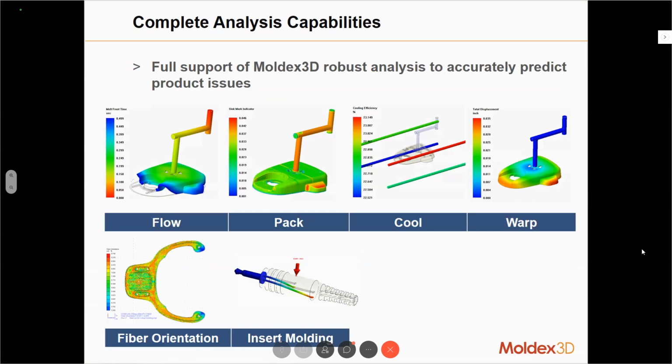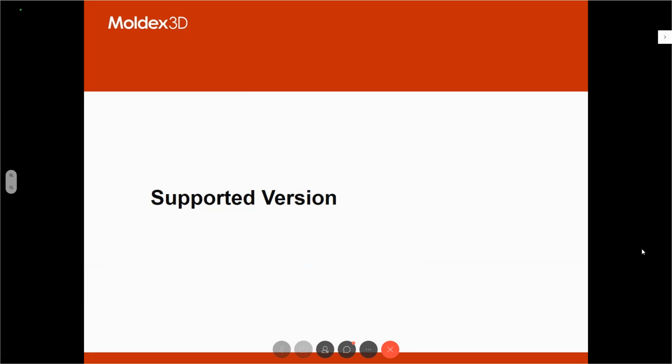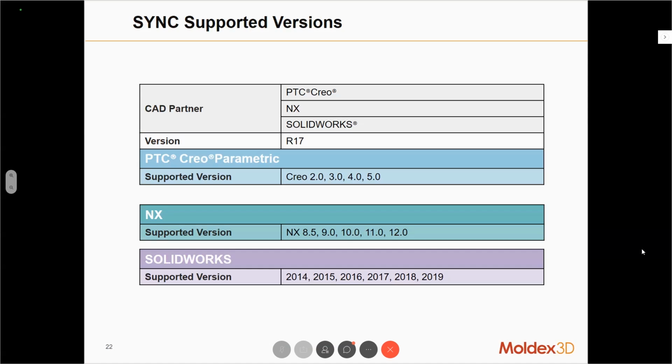So in Moldex3D Sync, we support full analysis, complete analysis like flow, pack, cool, warp. We also support fiber orientation and insert molding. For the supported versions, Moldex3D R17 supports Creo, NX, and SolidWorks.